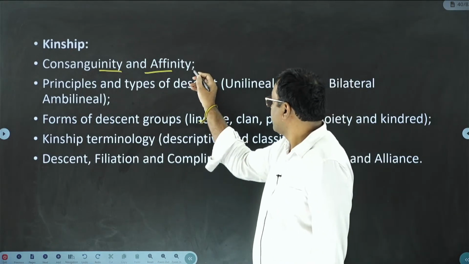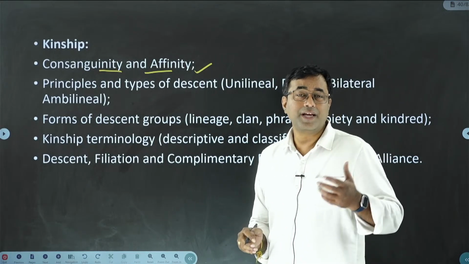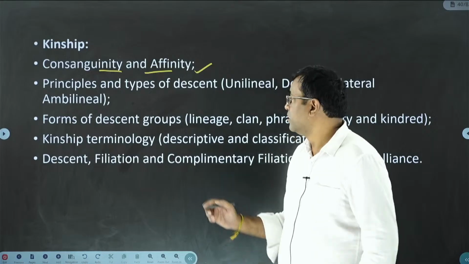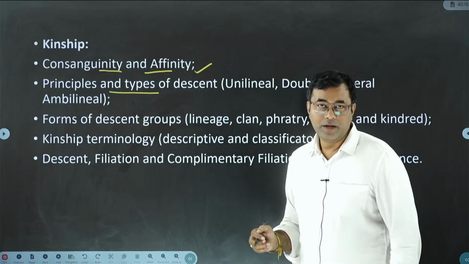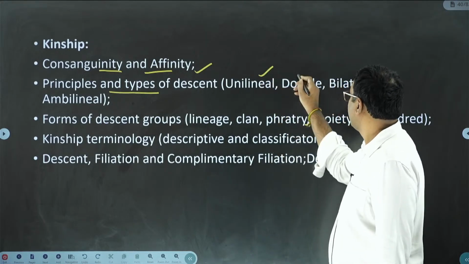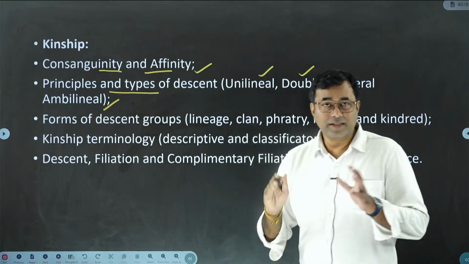Because of those concepts, how the kinship is changing or how the kin relations are being formed can be analyzed. Next, principles and types of descent. Descent in the sense of unilineal, double descent, bilateral descent or ambilineal descent, and other descents are also there.